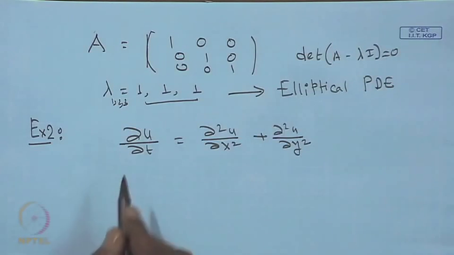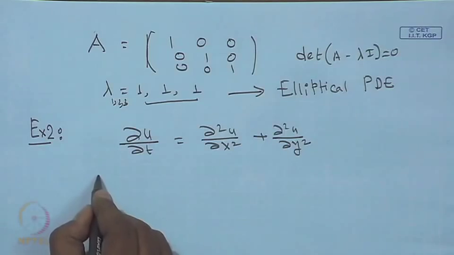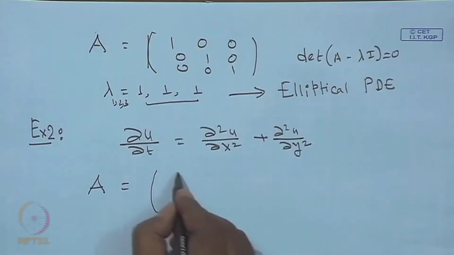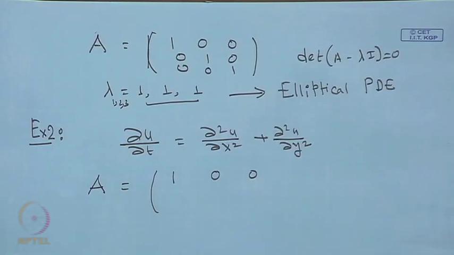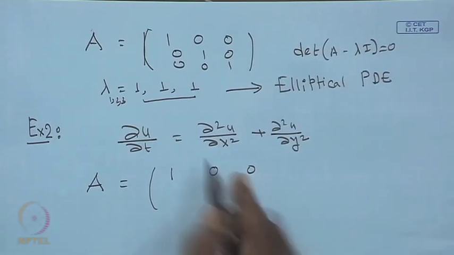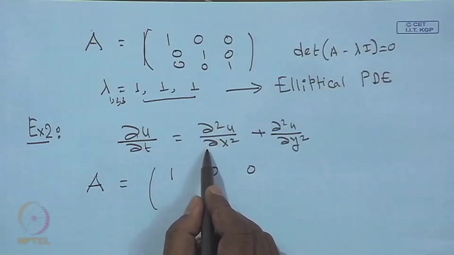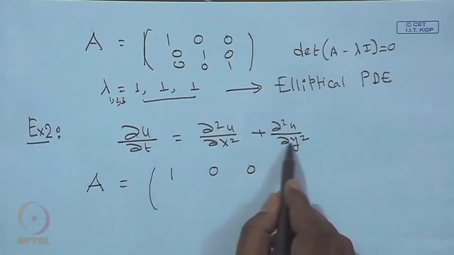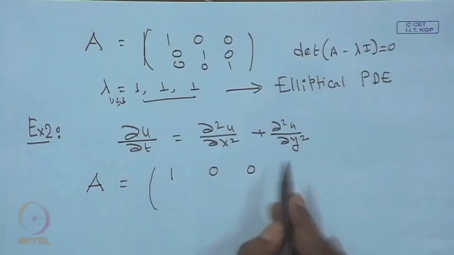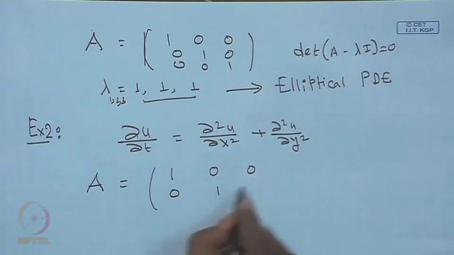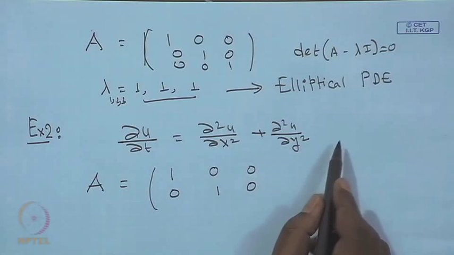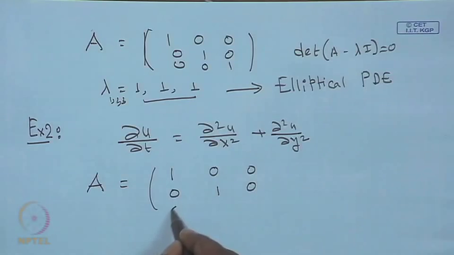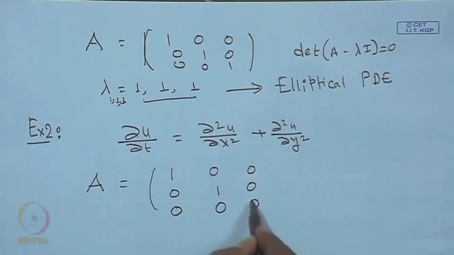So, if we really do that and look into the coefficient matrix, it will look something like this: 1 0 0, because the coefficient of del square u del x square is 1. Similarly, the coefficient of del square u del y square is 1, so 0 1 0. But the coefficient of del square u del t square is equal to 0, so therefore it will be 0 0 0.